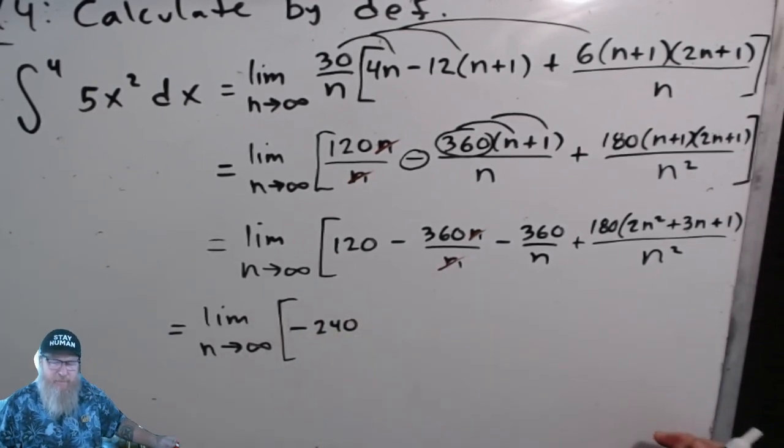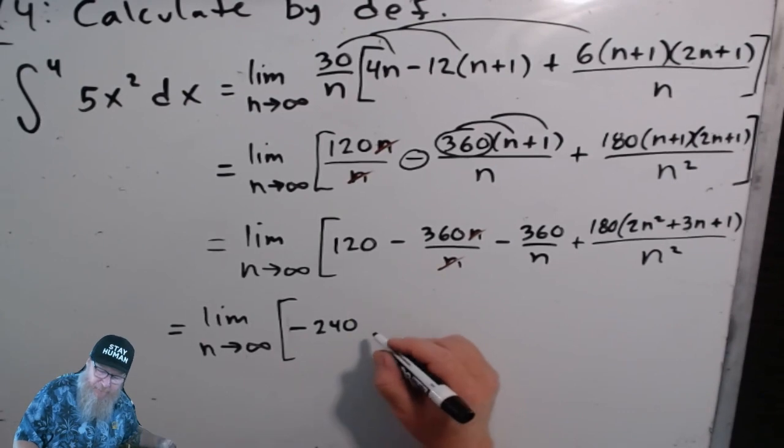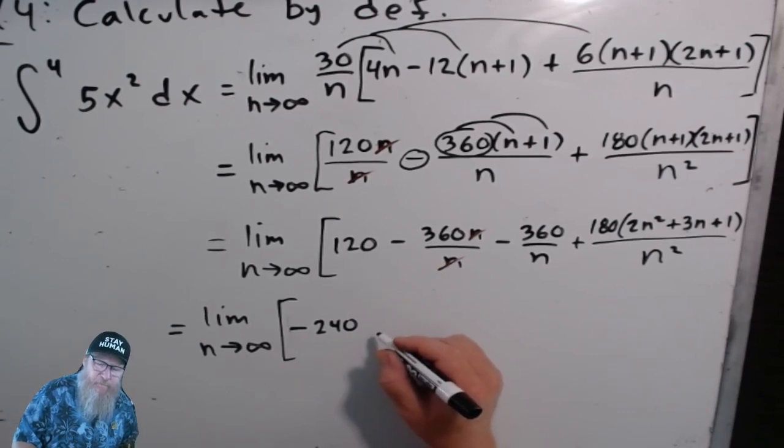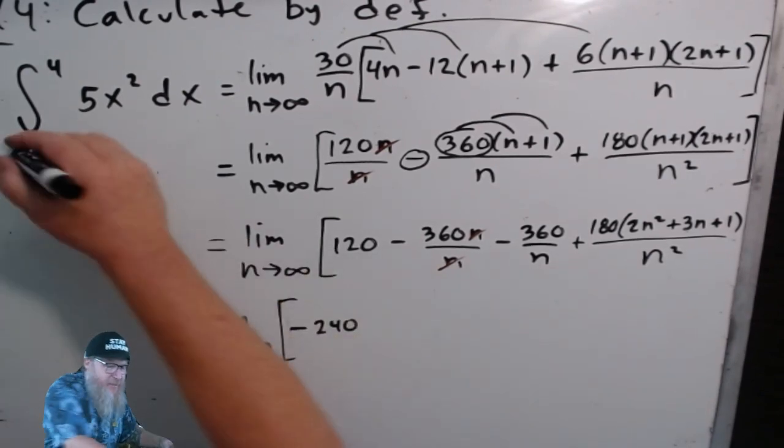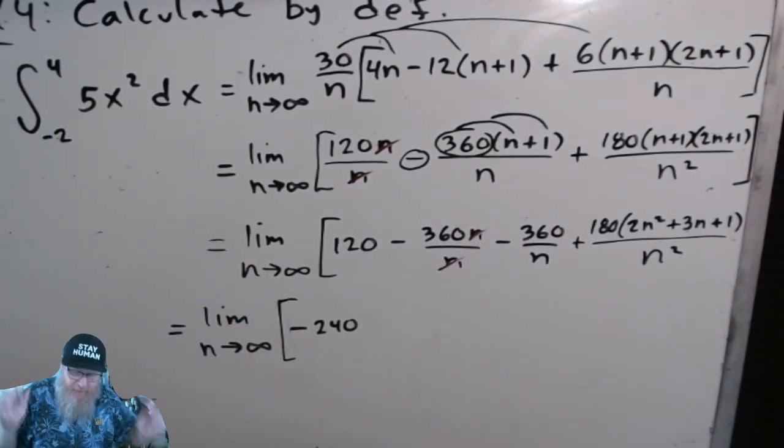Yeah, negative 240. That's weird. I sure hope I didn't make a mistake. Yeah, it's that darn negative 2 in there. Maybe I shouldn't let it worry me.